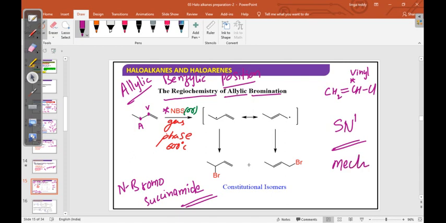What is the SN1 mechanism? We will discuss in the next class. Due to the SN1 mechanism, we will get racemic mixtures. What is the racemic mixture and when it is forming, we will discuss, but just note this point. It follows the SN1 mechanism and a racemic mixture is formed.